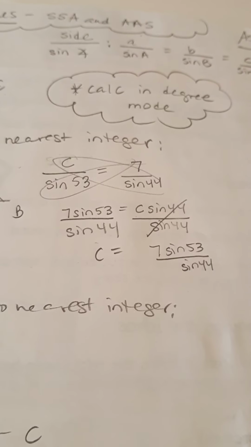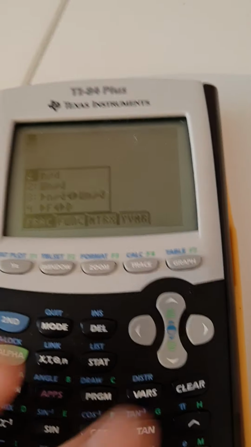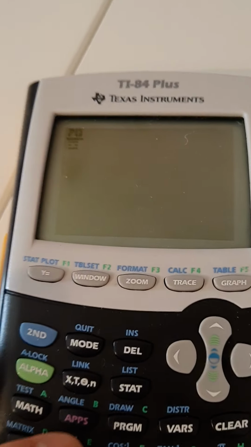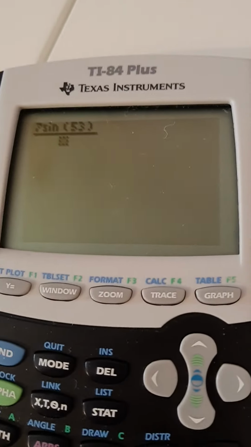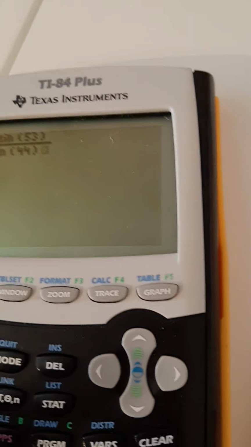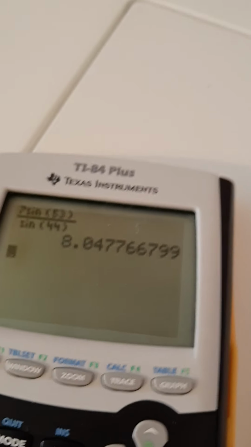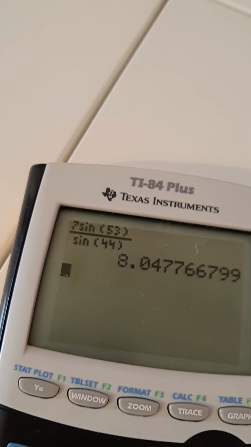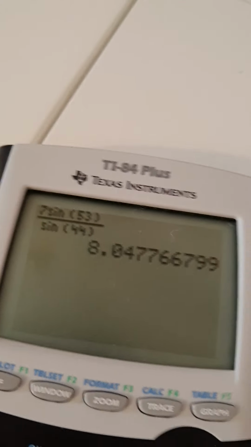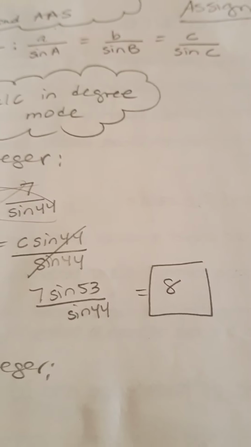To eliminate any silliness in the calculator, I like to use alpha y equals and just type it in as you see it: 7 times the sine of 53 divided by the sine of 44. Hit enter, and the nearest integer is 8. I don't think we have any units of measurement, so the answer is just 8. The length of the side of the triangle is 8.